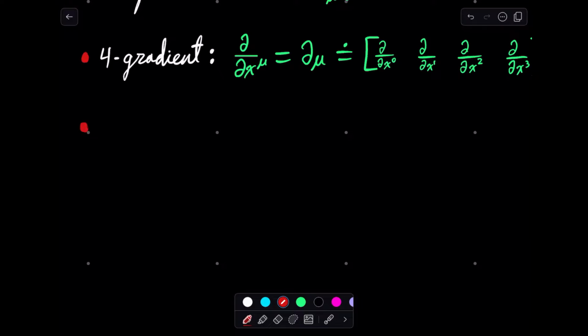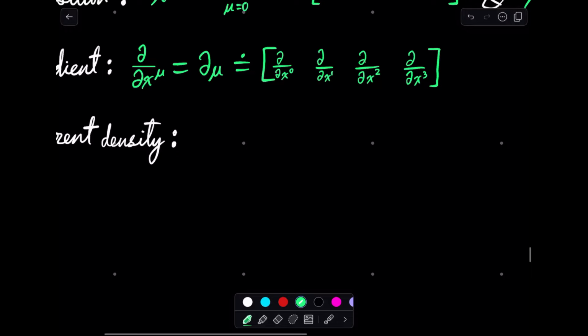There's also the four current, or rather four current density. And that is given by J superscript mu is equal to c, the speed of light, times rho, which is the electric charge density, and then Jx, Jy, Jz.